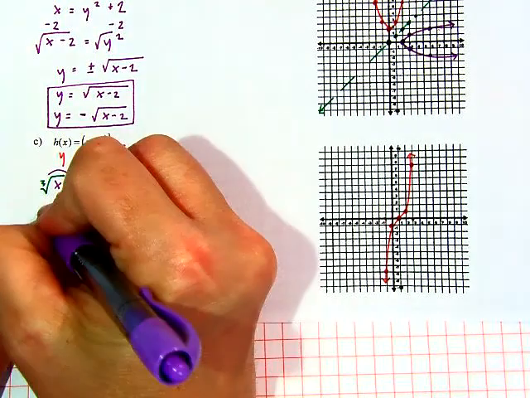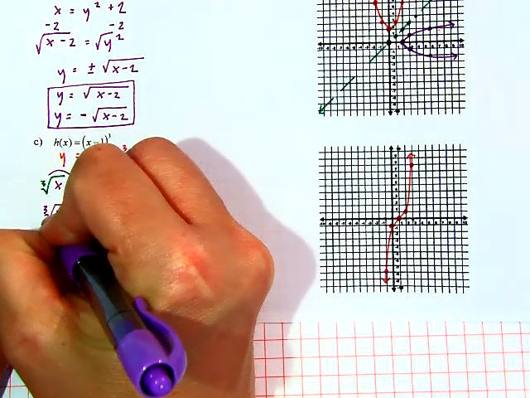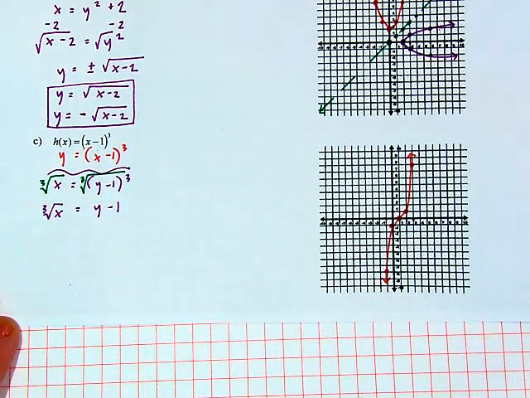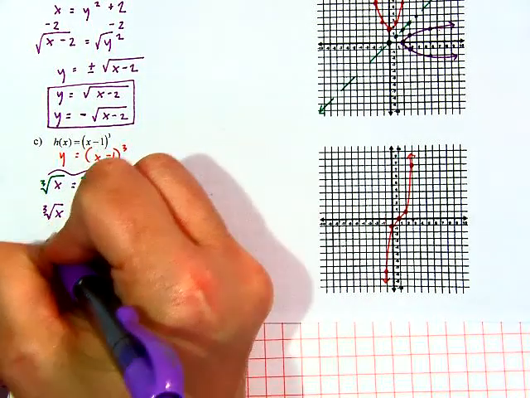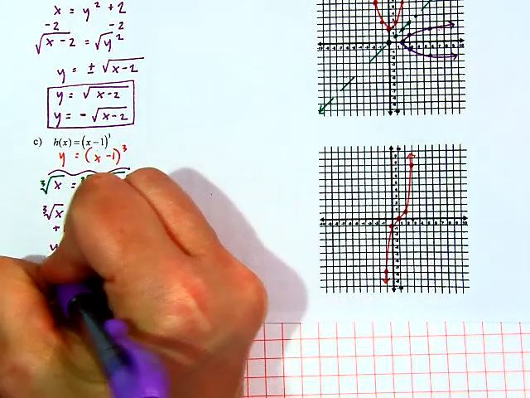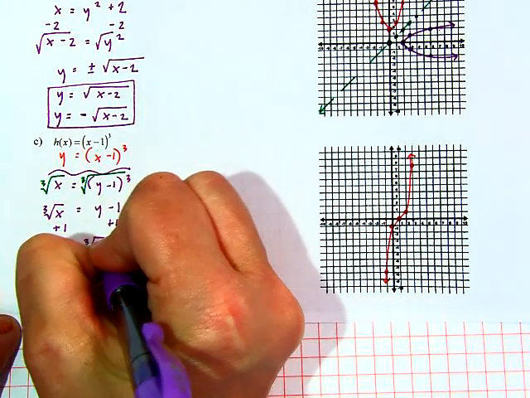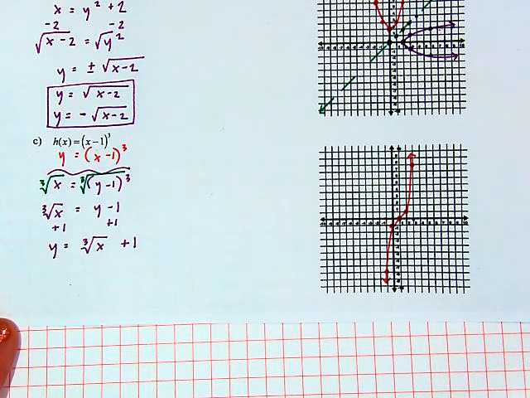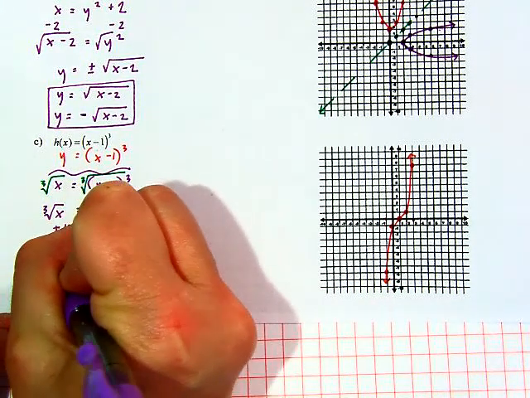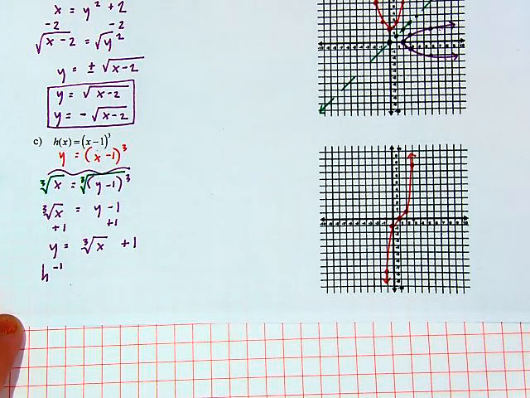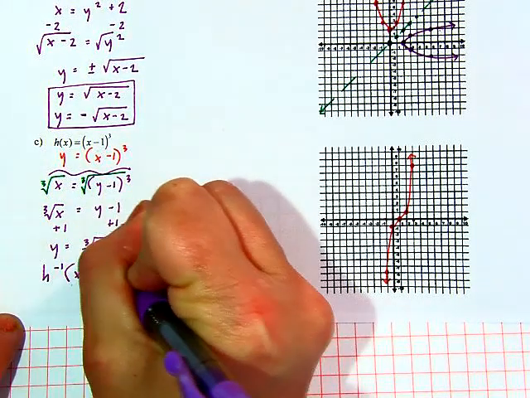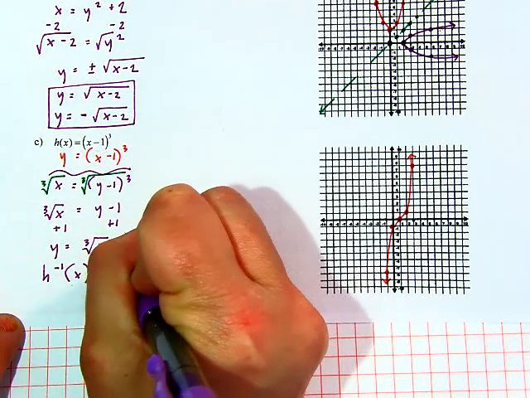So now I have the cube root of x is equal to y minus 1. And then the last thing to do is to add the 1 over to the other side. So y equals the cube root of x, and then add 1. So then I can use my fancy function notation for the inverse. So the inverse of function h of x is equal to the cube root of x plus 1.